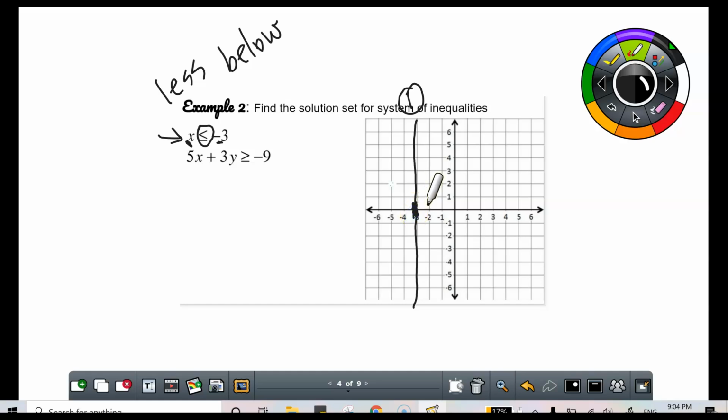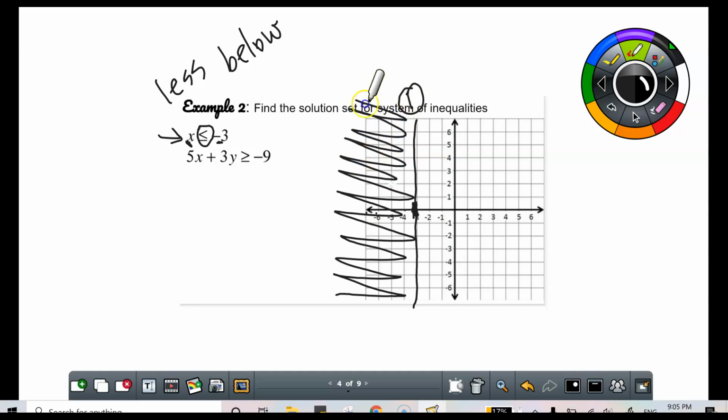Your line falls on -3, and here we want the numbers smaller than -3, and we know the numbers on the left side are smaller than -3. It's -4, -6, -100. So x smaller than -3, we're going to shade this area for the first inequality.